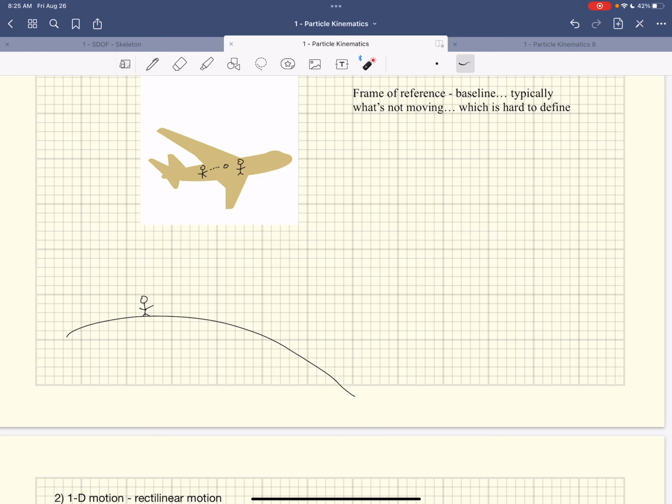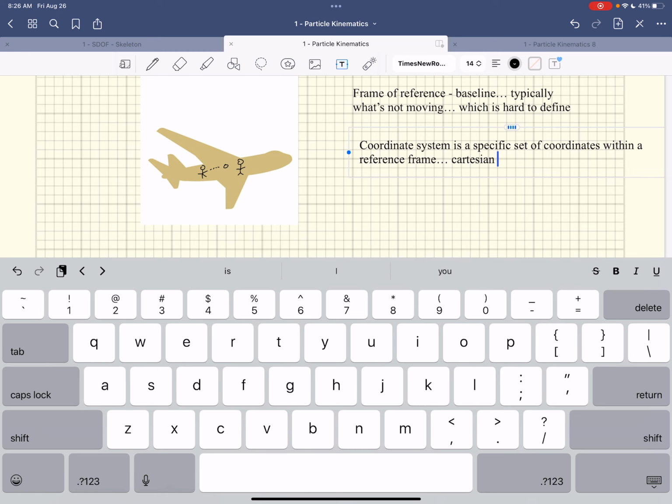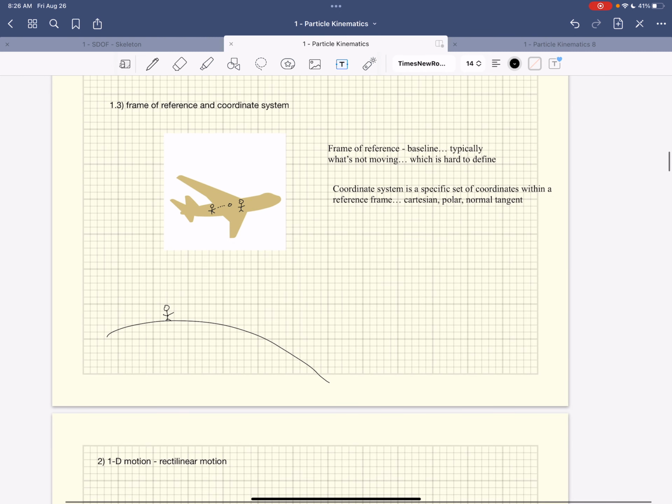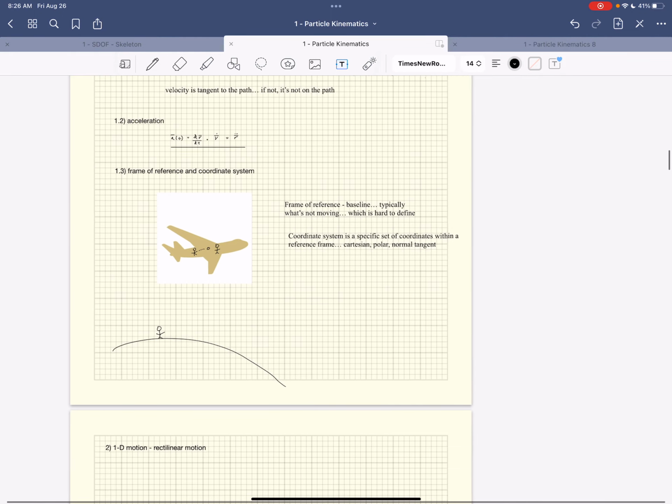In this class, we're going to deal with Cartesian. That's usually our favorite. But we're also going to do polar and normal-tangent. We use a couple of different coordinate systems, but they live inside the reference frame. First, you have to define the reference frame, and then you have to define the coordinate system. Okay, any questions so far?